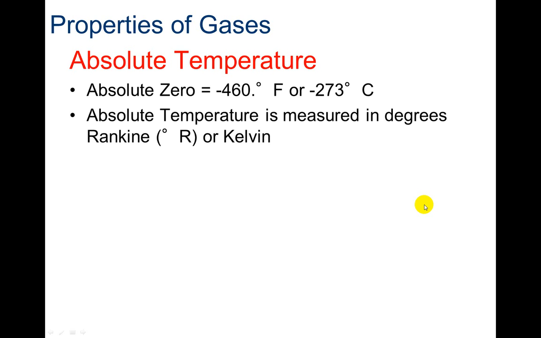Because if I say 10 degrees Celsius and I double that, well, that's 20 degrees Celsius. But on an absolute scale, if I say 10 degrees Celsius, so that's 273 plus 10, 283, and I double that, and then subtract that 273 again, I am not going to end up with 20 degrees Celsius.